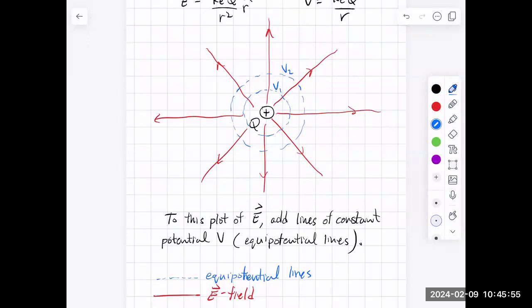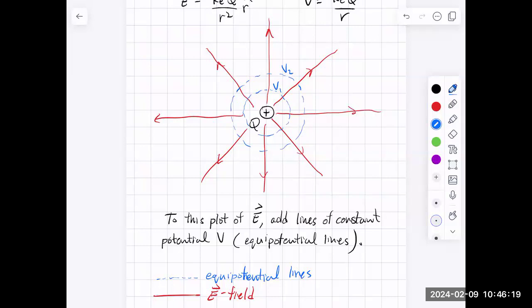Now I'm going to draw a third one. But what I want is for the change in potential between neighboring lines to always be the same. So, for example, between the two that I've drawn, I would have a change of potential of V2 minus V1, whatever that is.